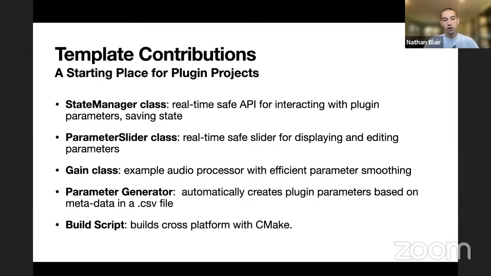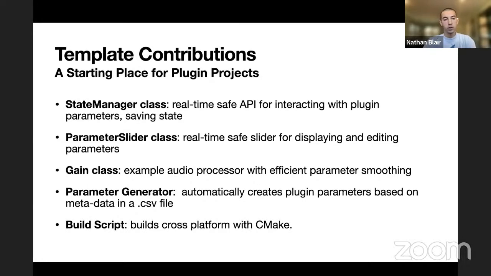I also give a CSV file that you can write down parameters in a simpler way, and I'll show this in a second. So instead of having to worry about creating your audio processor value tree state or getting into the weeds with the JUCE audio parameters, you can just edit a CSV file, and I found that extremely time-saving.